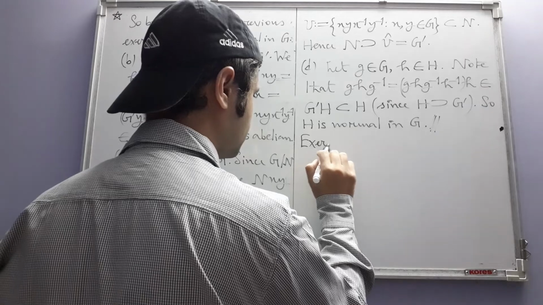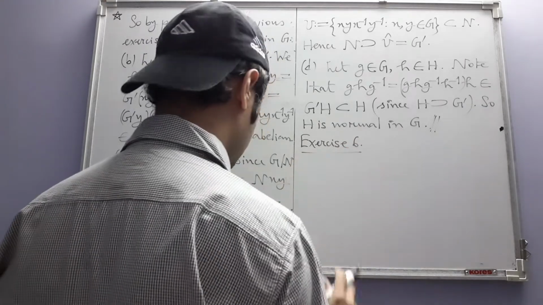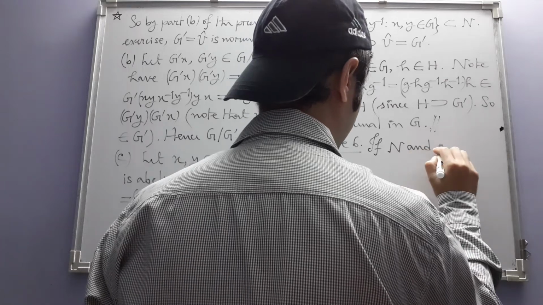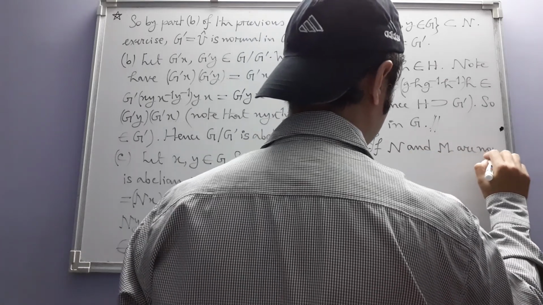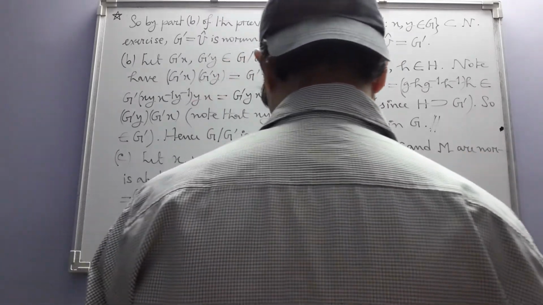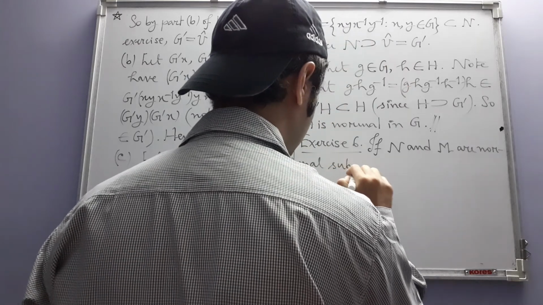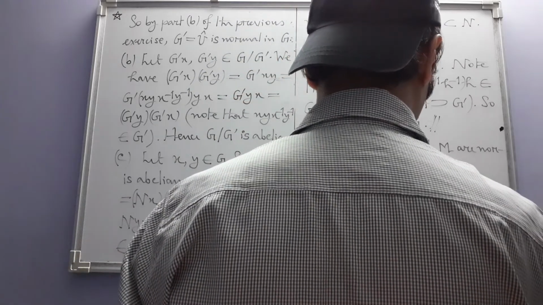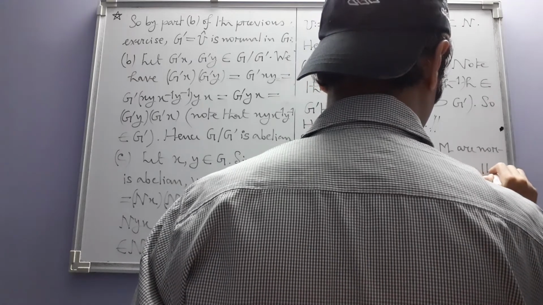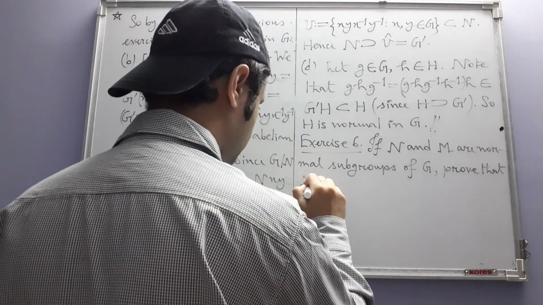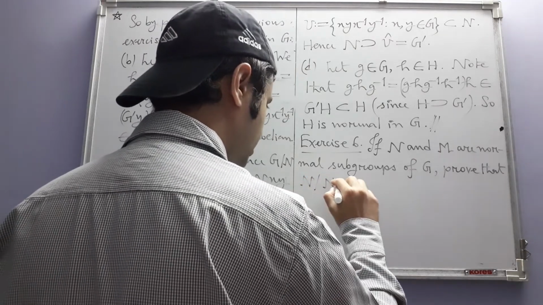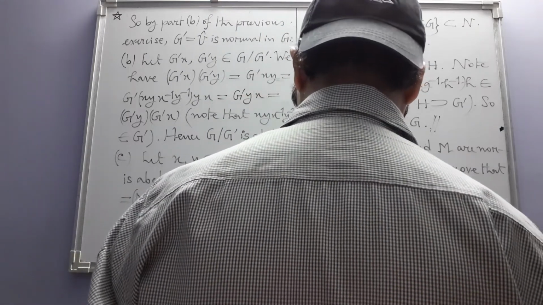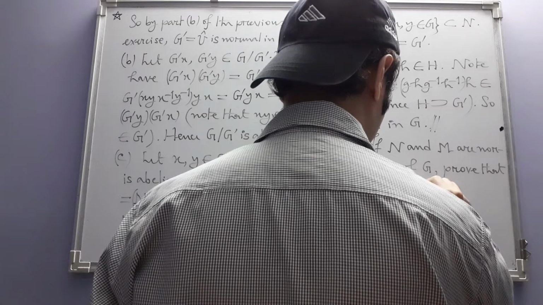Then exercise 6. If N and M are normal subgroups of G, prove that the quotient N by N intersection M is isomorphic to NM by M. Oh, actually it's the other way.